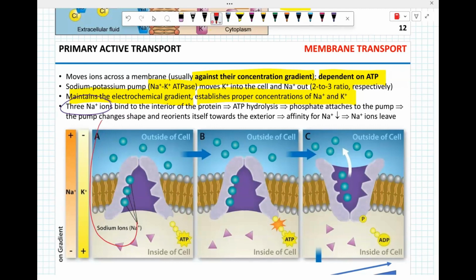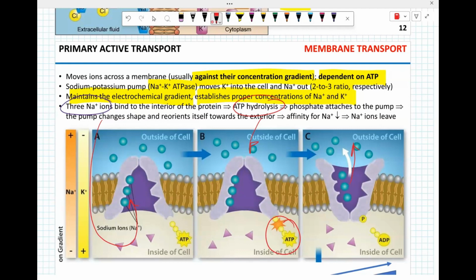You can see it right here. Hydrolysis, breakdown of the ATP, releases energy that is used to deliver those 3 sodium ions outside of the cell.